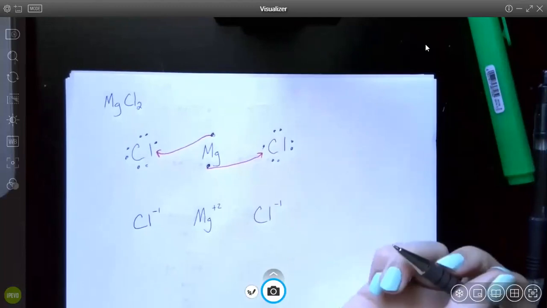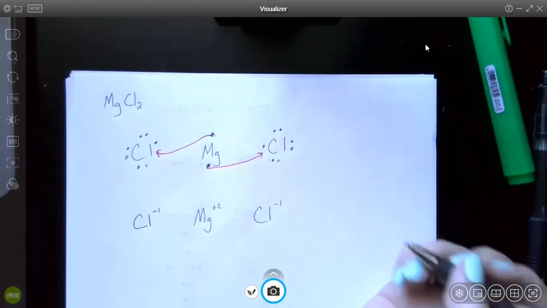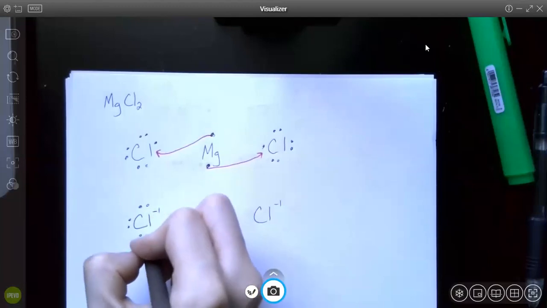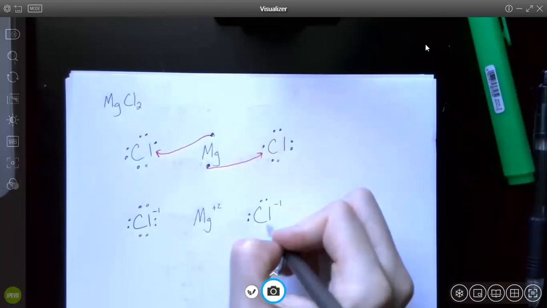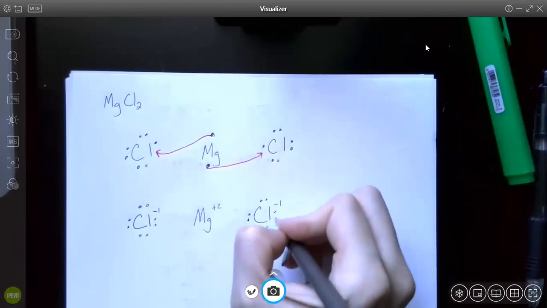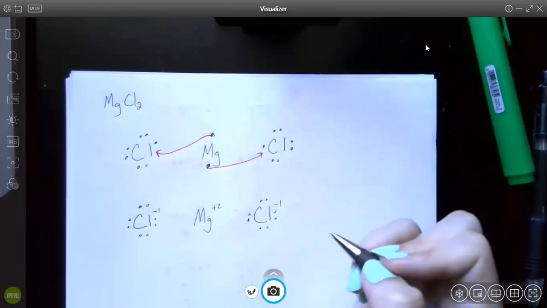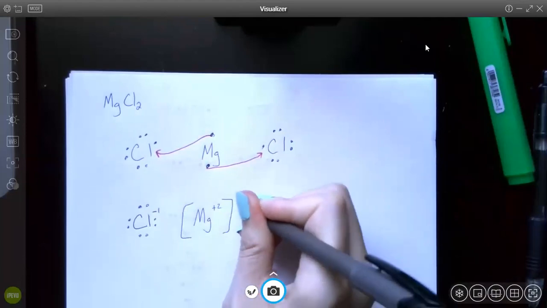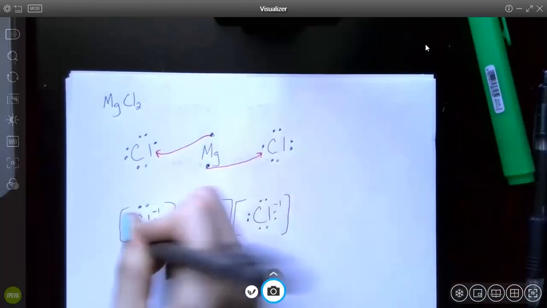The last thing we're going to do is draw our valence electrons as they now are. So my chlorines each now have 8 valence electrons. And because my magnesium has lost its valence electrons, we're just not going to write anything around it. And we finish it off with some square brackets around each ion.